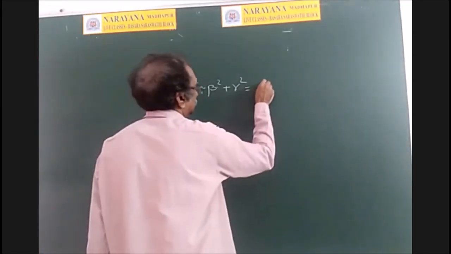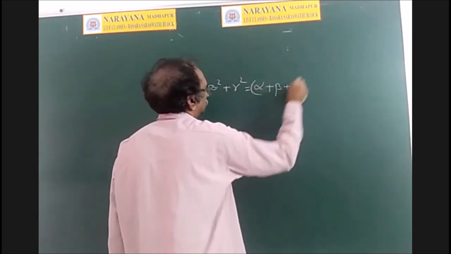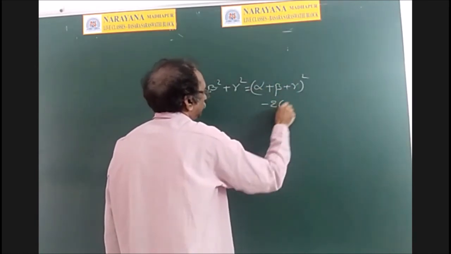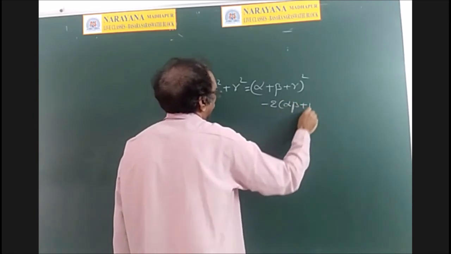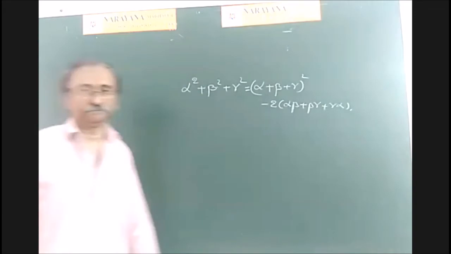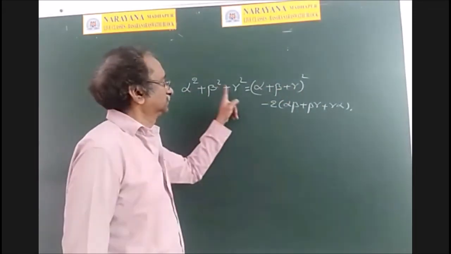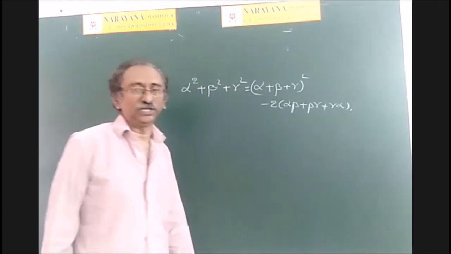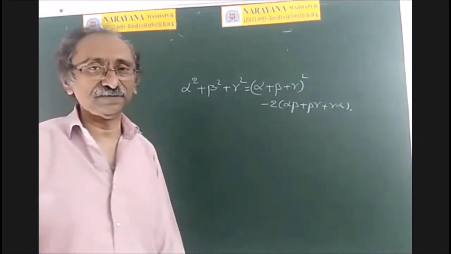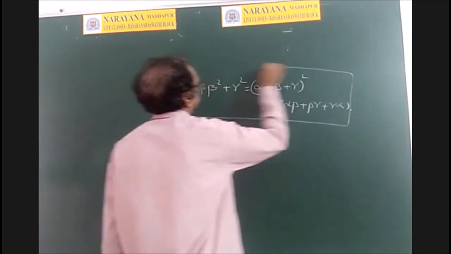It is nothing but alpha plus beta plus gamma whole square minus 2 into alpha beta plus beta gamma plus gamma alpha. Since a plus b plus c whole square is a square plus b square plus c square plus 2 into ab plus bc plus ca, from that we get this equation. So write that.